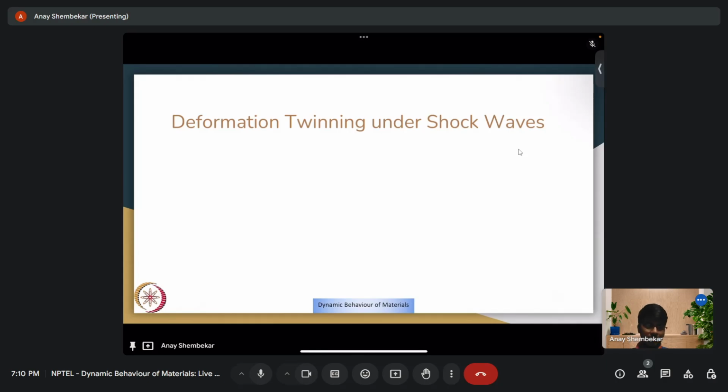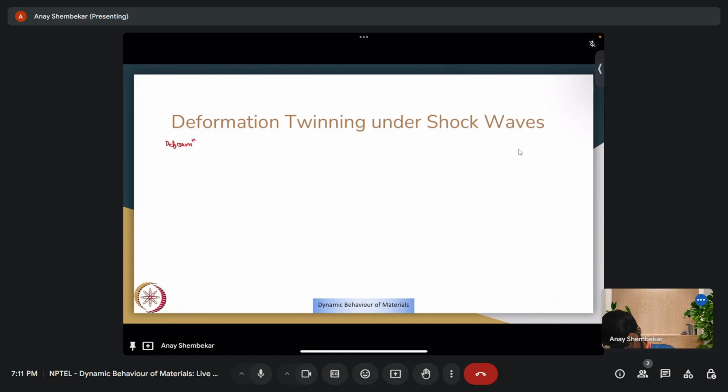As we have already looked at, I think in the week 8 content, mechanical twinning can occur in certain scenarios. One of those is shockwave loading. So let's write it down.